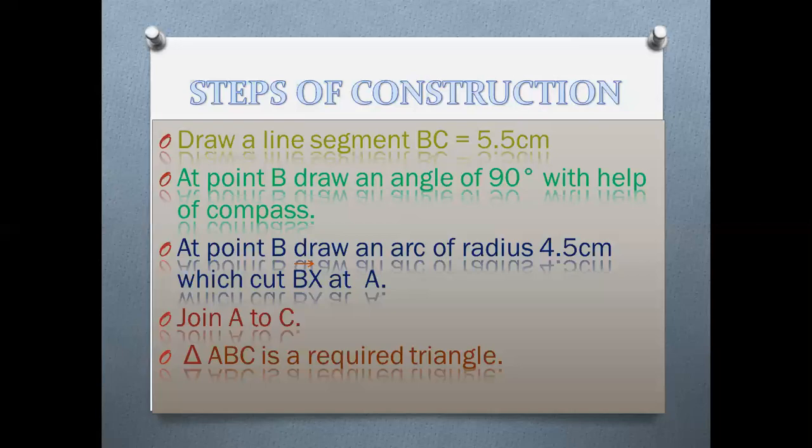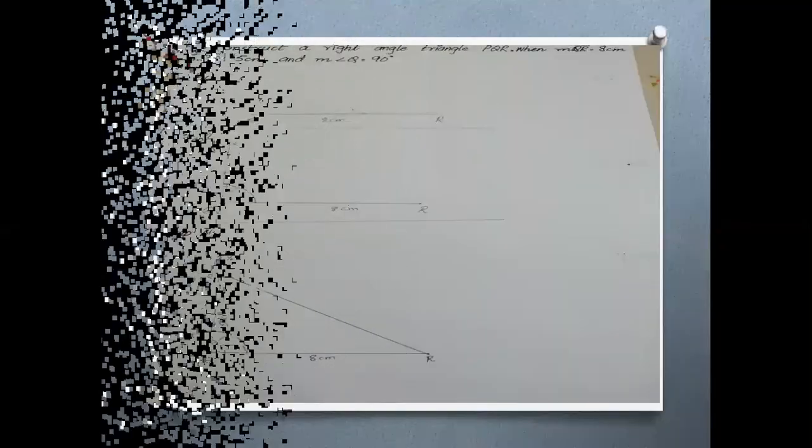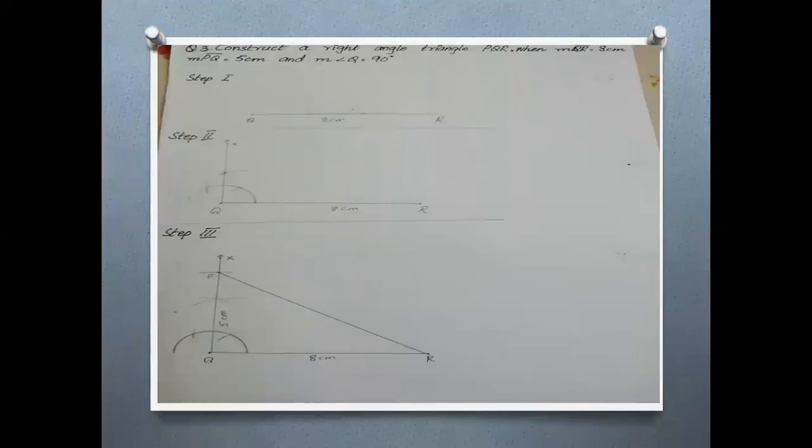Question number 3. Construct the right angle triangle PQR when QR is 8 cm, PQ is 5 cm, and the measurement of angle Q is 90 degrees. The same procedure that we have done in question 2. First, we will draw the line QR 8 cm.